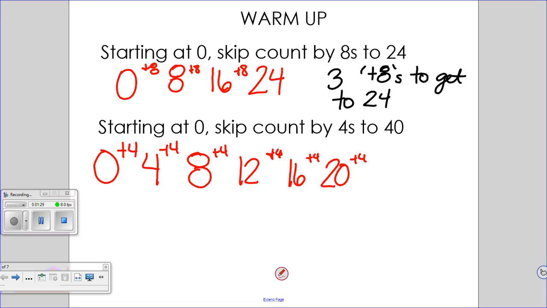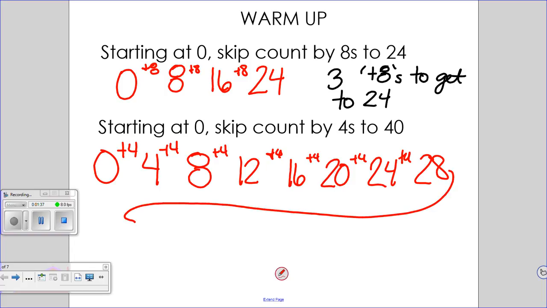Plus 4 is 24. Plus 4 is 28. Plus 4 is 32. Plus 4 is 36. Plus 4 is 40. That's where I want to stop.